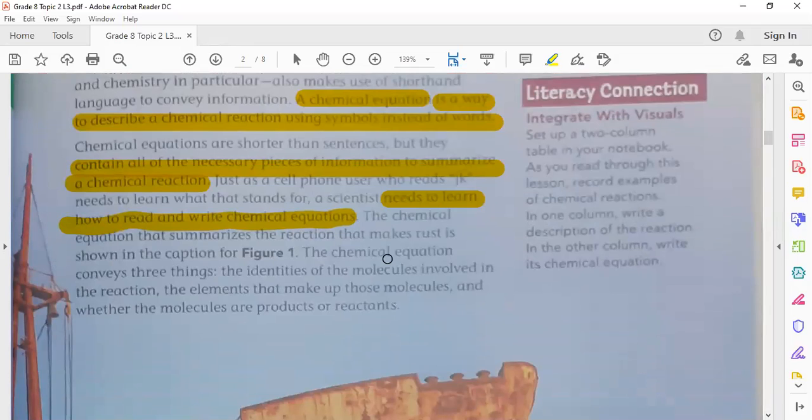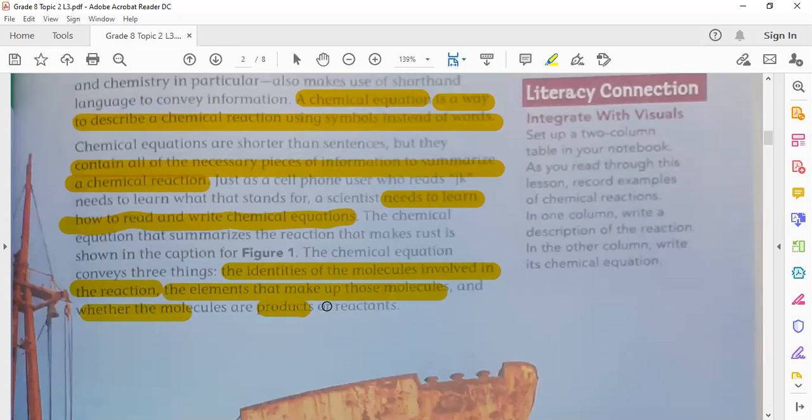The chemical equation conveys 3 things. First, the identities of the molecules involved in the reaction. What type of molecules are involved? Second, the elements that make up those molecules, and third, whether the molecules are products or reactants.